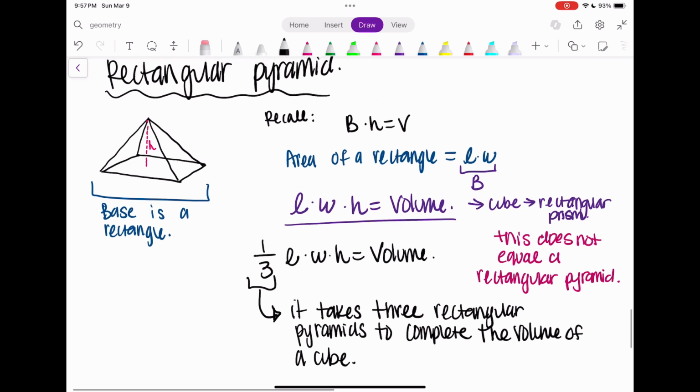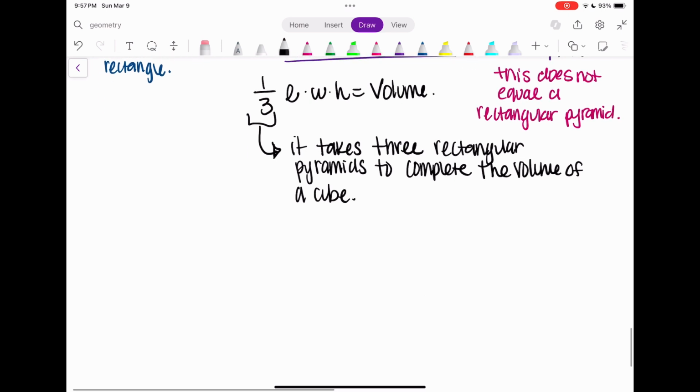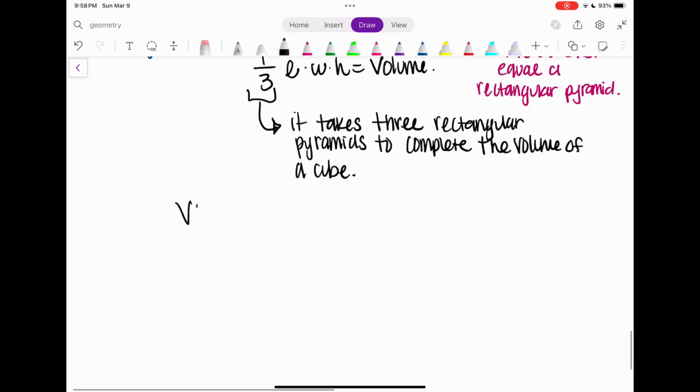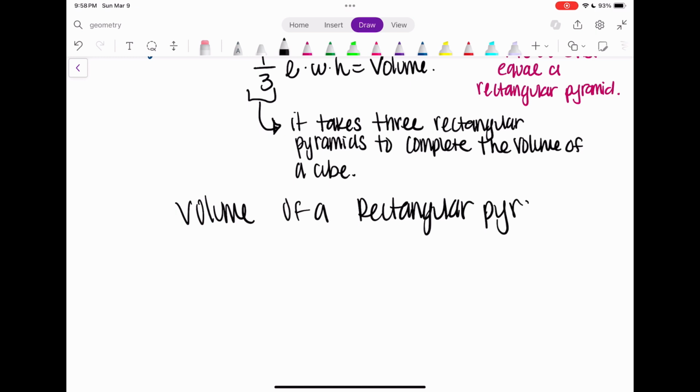Okay. So once again, we're going to go ahead and write down the volume of a rectangular pyramid. So go ahead and write this down.